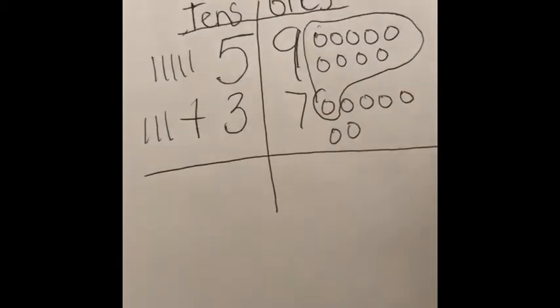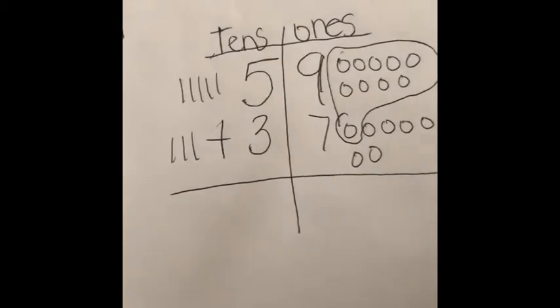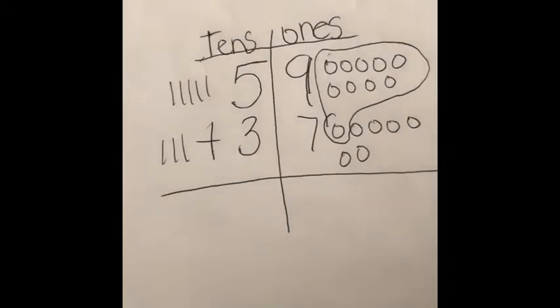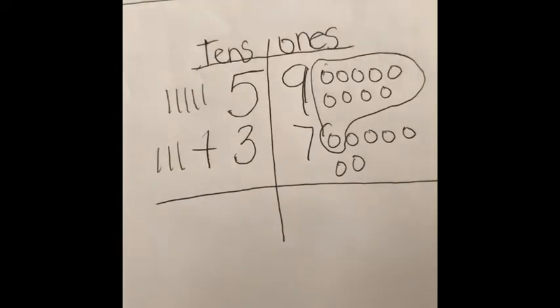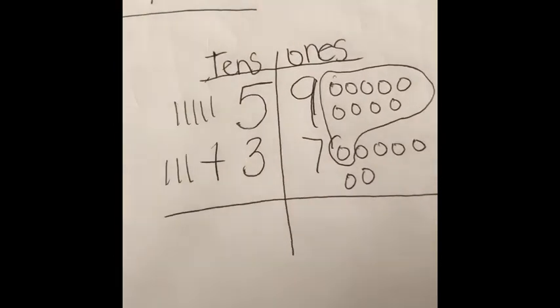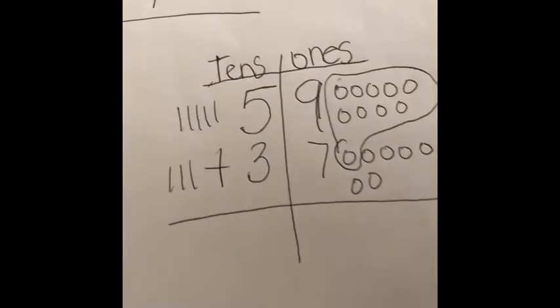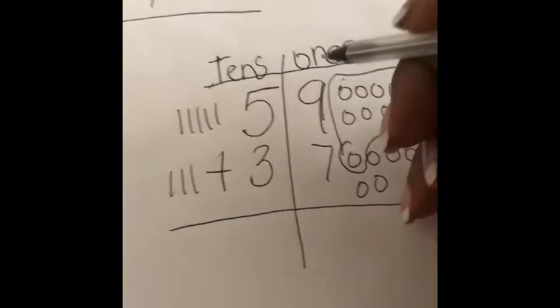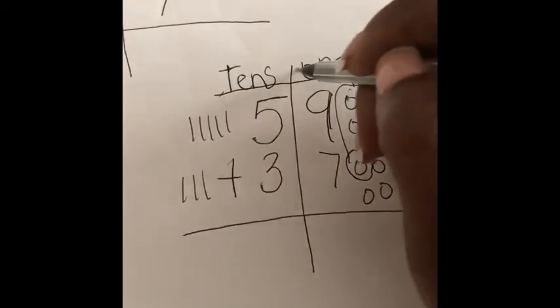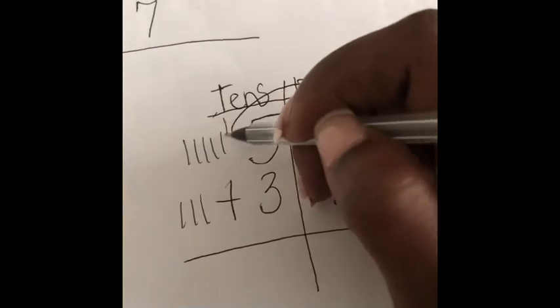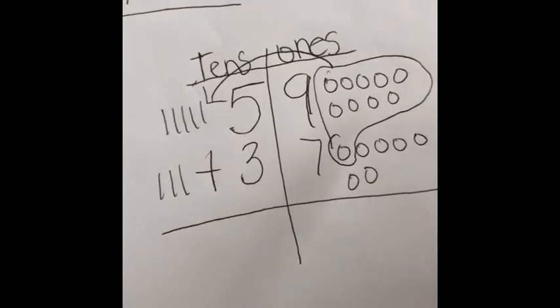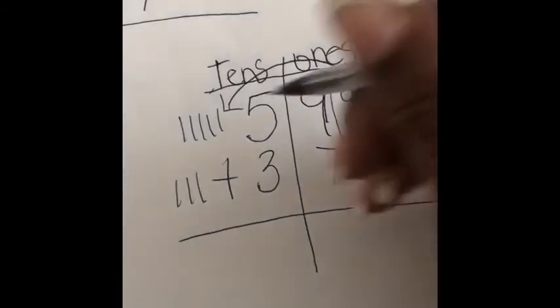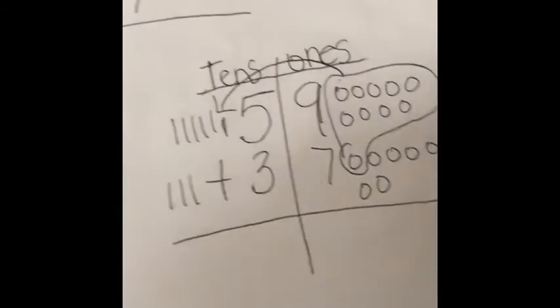Then I would ask the students, well, now I have a 10 in the ones place. What can I do with that 10? Some responses may be, I can move that 10 to the tens place. So I tell them, okay, well, move it. You move it using your line and your arrow to let you know I regrouped, or I brought a 10 from the ones place and brought it to its rightful place, the tens place.